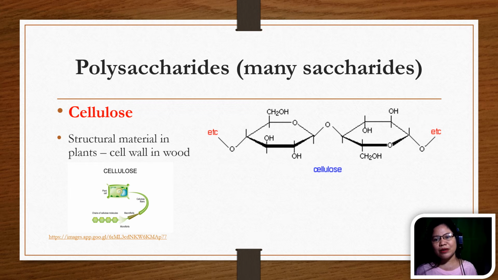Now, what's the basic function of carbohydrates? So they are the main source of energy in the body. Or in short, they are energy-giving food. So that's why we need to eat carbohydrates. Hindi pwedeng diet tayo because we need these different components for us to be energized.